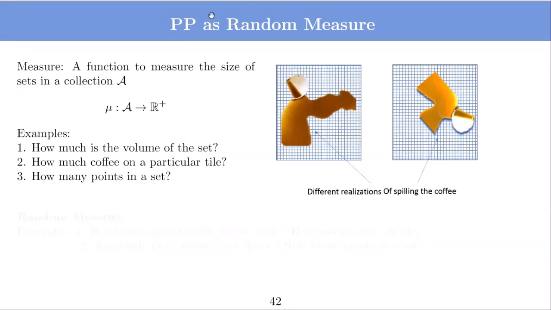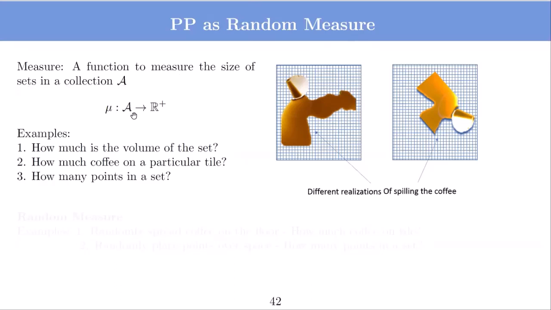The other way to look at a point process is as a random measure. So before that, I'll define what is a measure. A measure is a function which can be used to measure the size of sets in a collection A. So suppose you have a collection which is made from some sets.